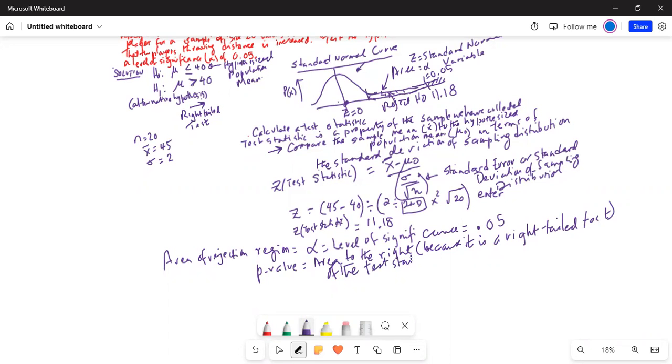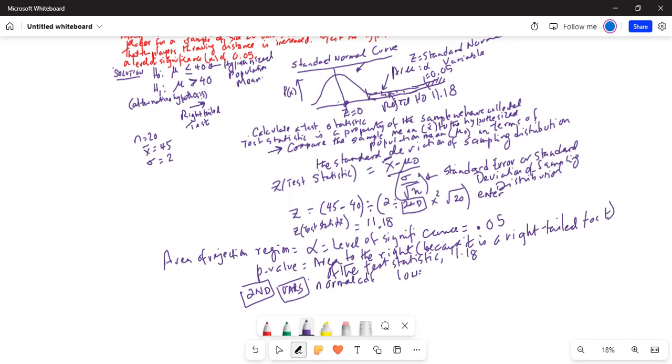In this case, the test statistic is 11.18. How do I find that in the calculator? Well, we go to second, then distribution, and then we scroll down to normalcdf.